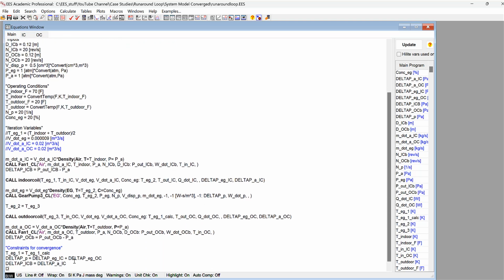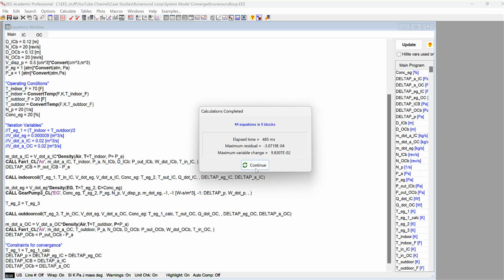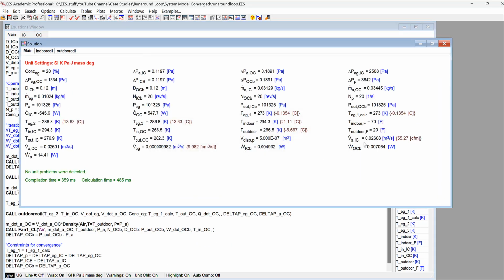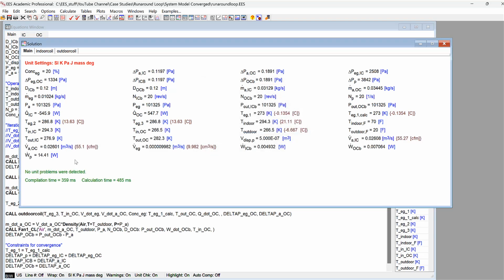Alright, so this last one is delta P, I think I called this OCB maybe? OCB has to be equal to delta P AOC. And hopefully this solves, and it does. I'll update my guess values one last time, and it turns out then that it's 55.1 CFM for the outdoor air coil as well. So my system model now has converged.